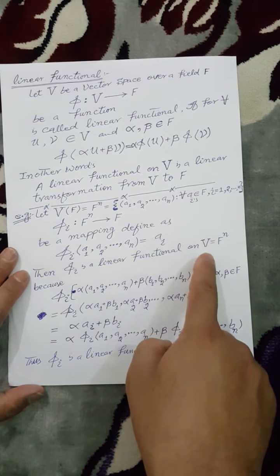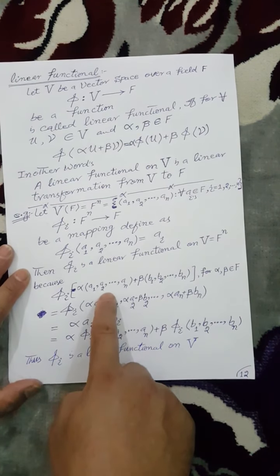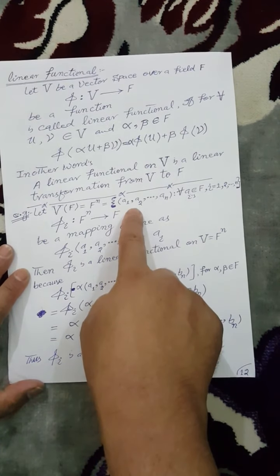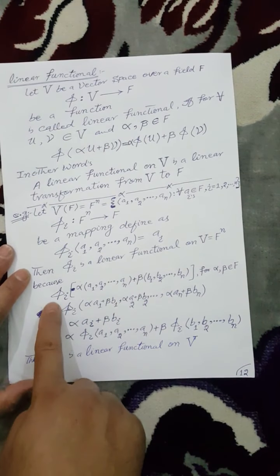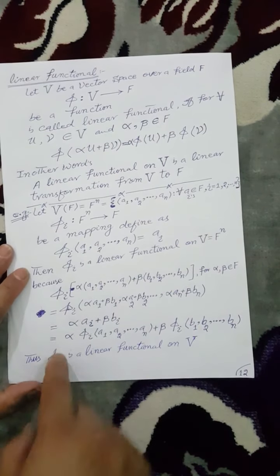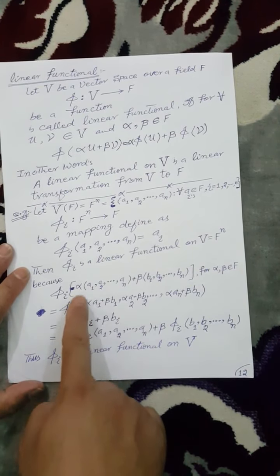Then pi_i is a linear functional on the vector space V, because when we select two vectors from the vector space V, and alpha, beta are any two scalars, and apply pi_i on the sum of the products, we get the simplest form of this vector.